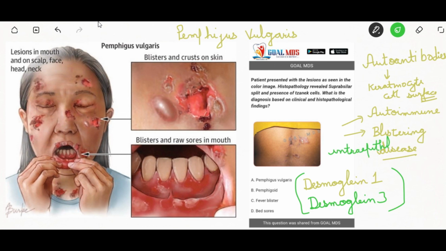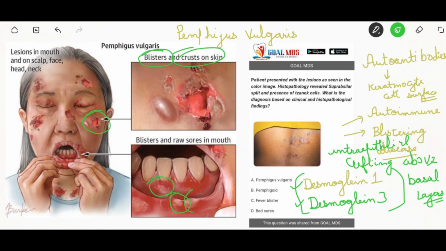Pemphigus vulgaris involves the oral mucosa, typically in adults at the age of 50 years. The patient will report with bulla formation. So there will be vesicles and bullae. These lesions will contain thin watery fluid shortly after development.